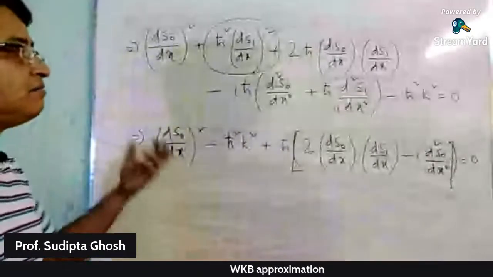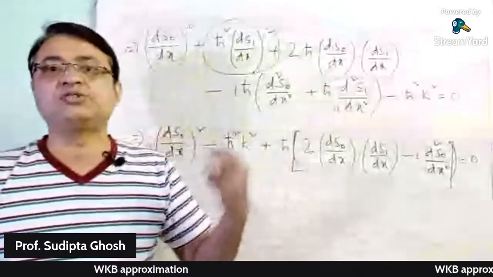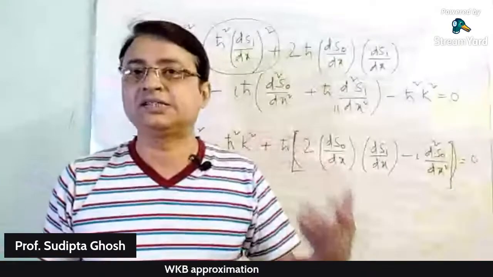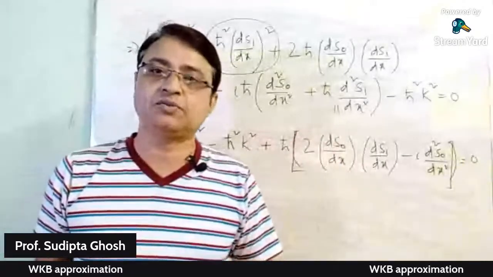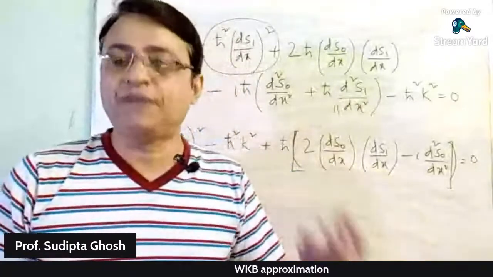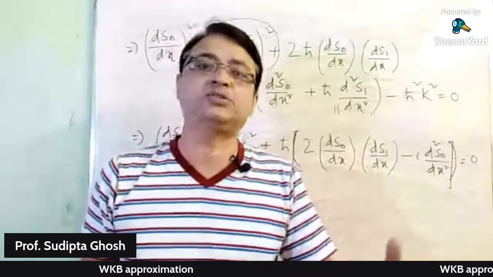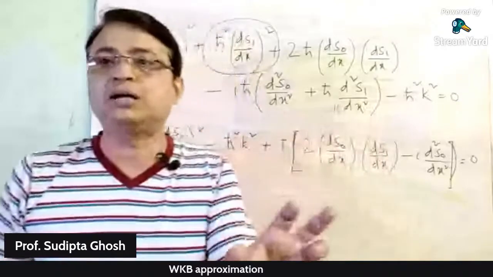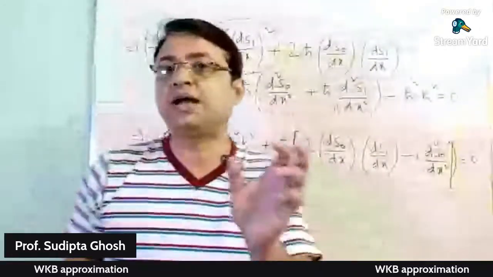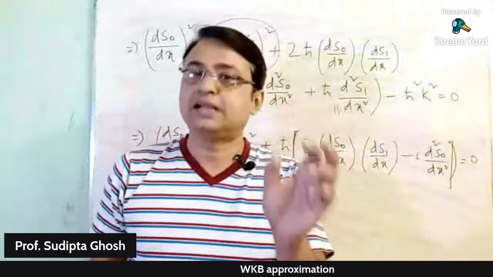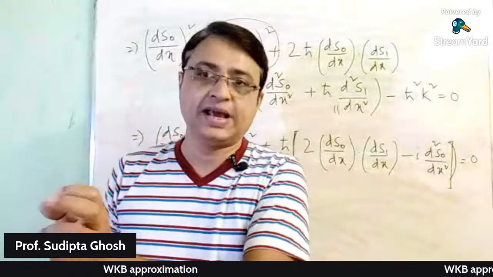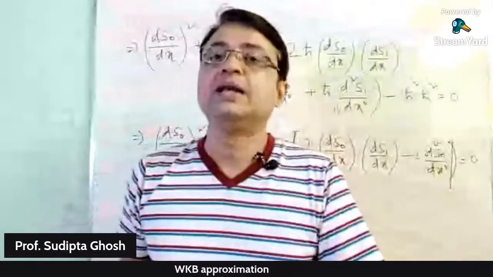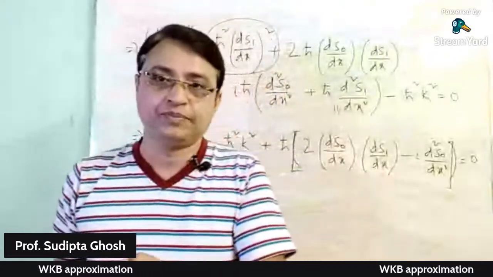As you can see, I have taken k² as 2m/ħ² (E − V(x)). Then the product term ħ² k² gives 2m (E − V(x)), and you can find that this product value of ħ² k² is actually an independent term of ħ.